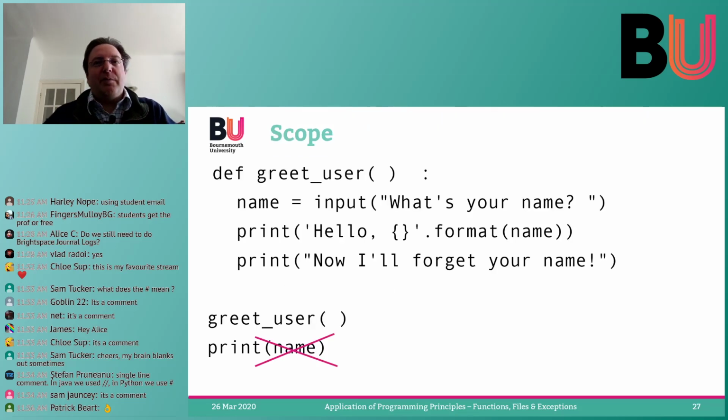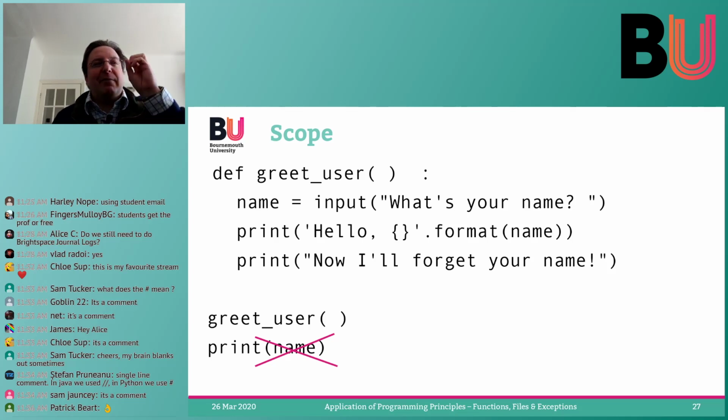So then there is an important thing to think about with functions, that is scope. So if we have this function greetUser, what it does is put a name from an input, and then you can print that out and stuff like that. What is important is that the name variable that is in greetUser only exists in that function. Not only does it exist in that function, it only exists in that particular function call.